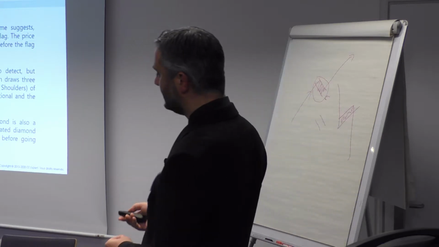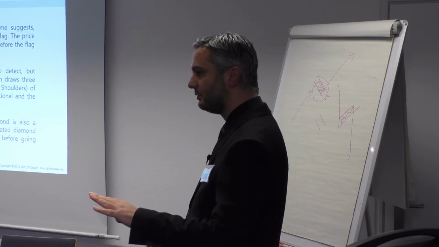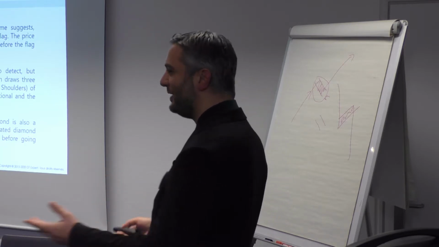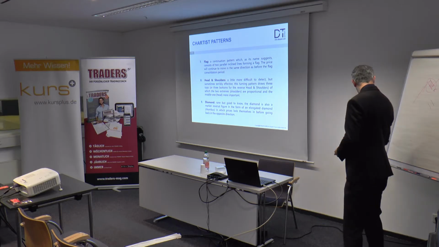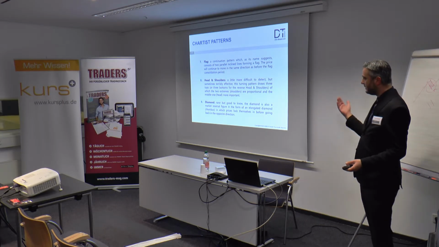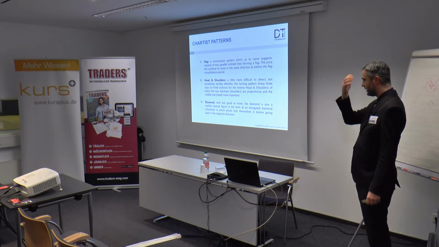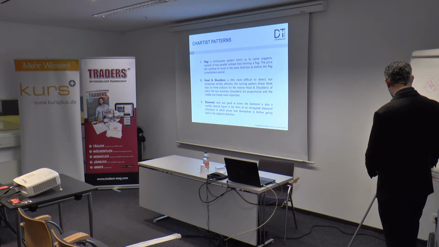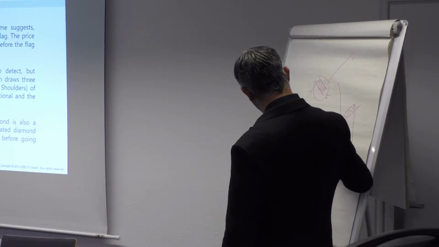Head and shoulders. What is a head and shoulders? You know about it? Not at all? Yes, I see technical, okay. When you look at technical analysis, you must know about head and shoulders. They named it just because it was easy to understand. It's three tops. When you look at a head and shoulders, you have three tops like this, okay, almost.